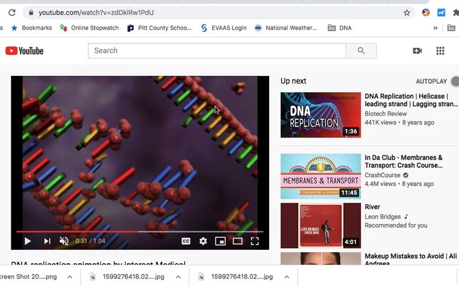Here's why. This is the original strand of DNA. This strand has already been used in the cell, so the cell knows it works. So it makes a new strand from the old strand that is already a functioning strand. So that's why it's called semi-conservative, and that just means it makes fewer mistakes.